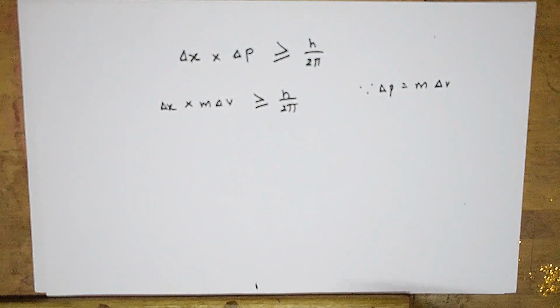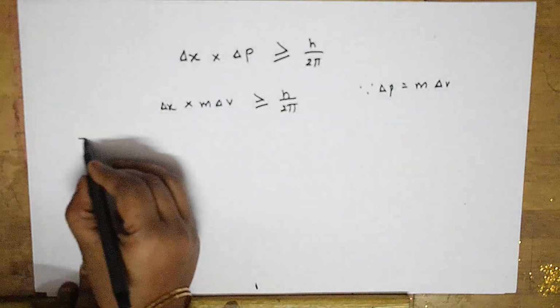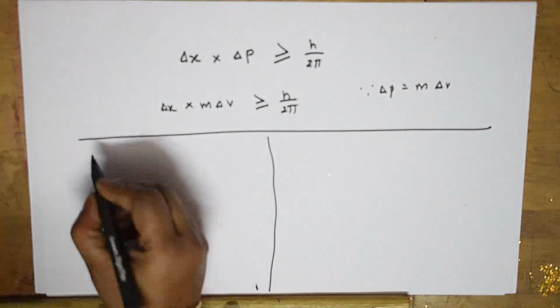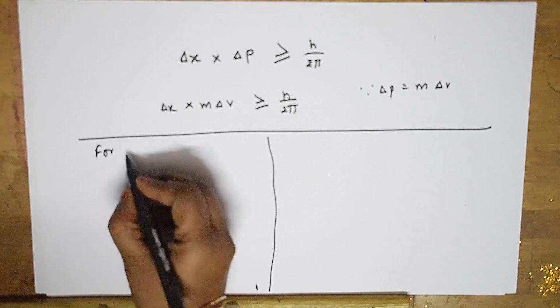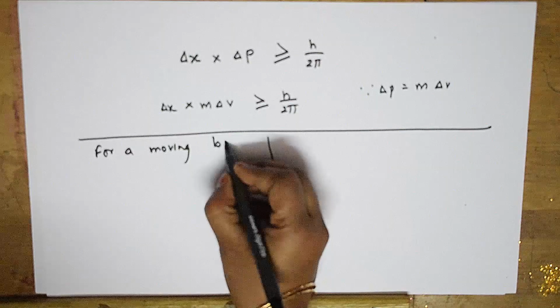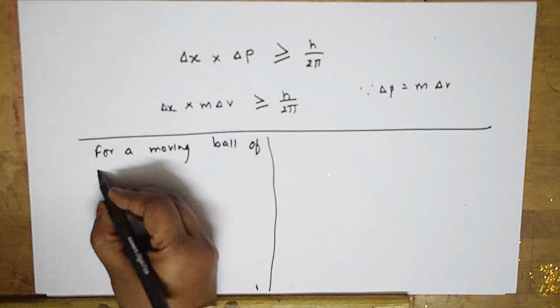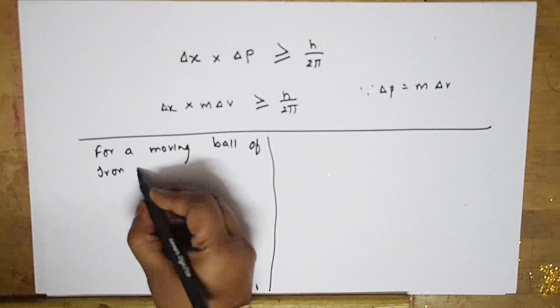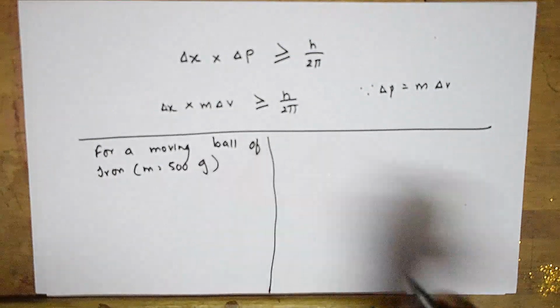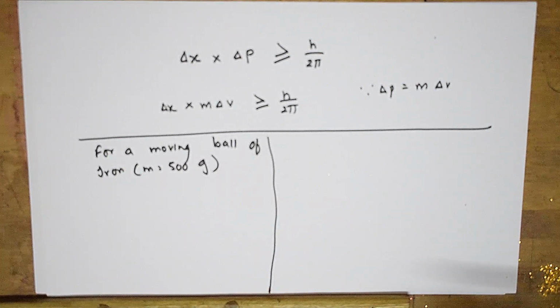Okay, let us see what I am trying to explain. So let us take two things. The same concept, let us see in terms of a numerical entity. Now, for a moving ball of iron, the mass of this is 500 grams. That is one concept which I take.